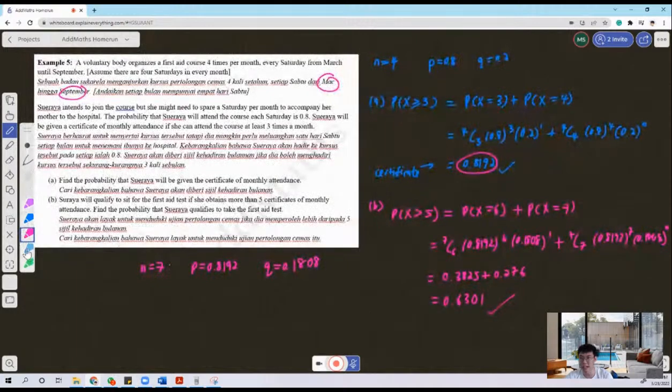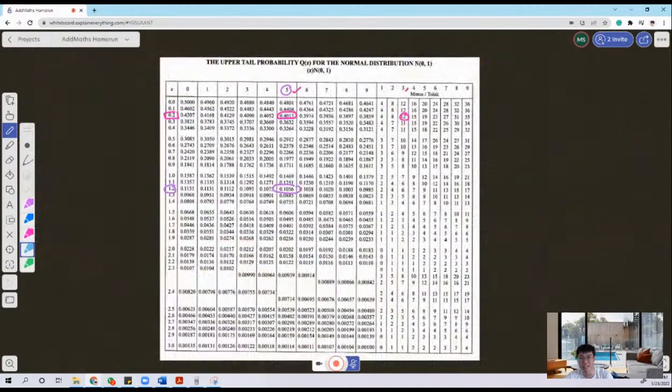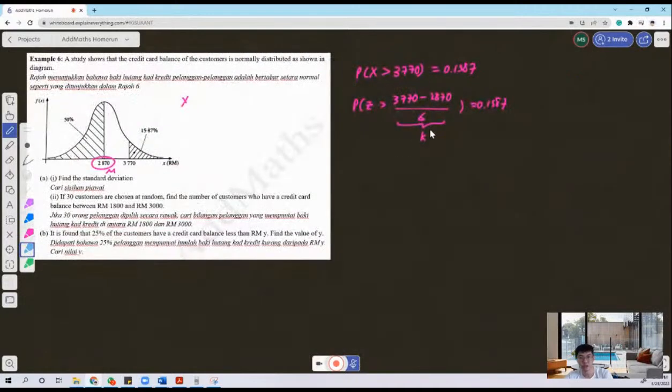I go to the table and find 0.1587. Here is 1.0, so my K value is 1.0. So 3770 minus 2870, which is 900, over the standard deviation is equal to 1. So the standard deviation is 900 over 1, which is 900. That is the standard deviation.